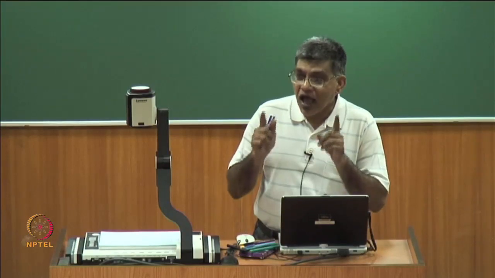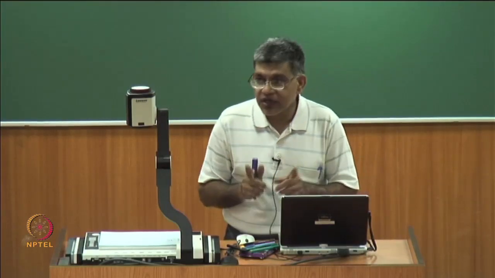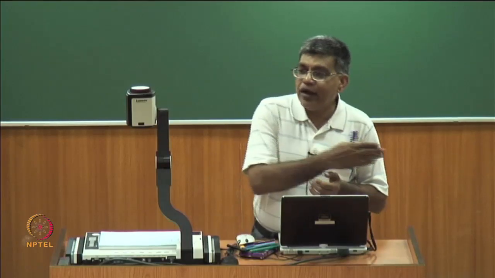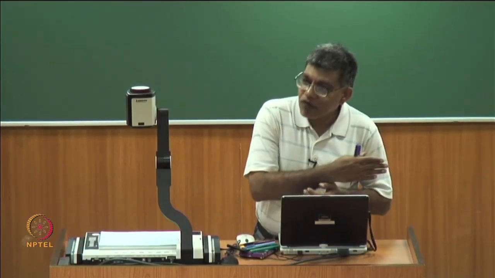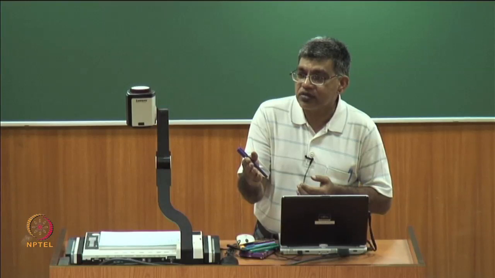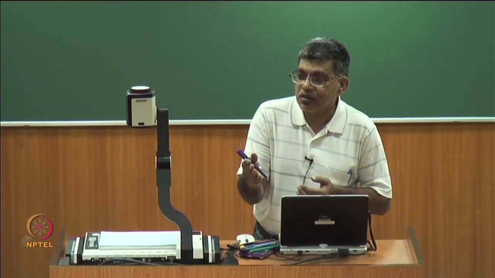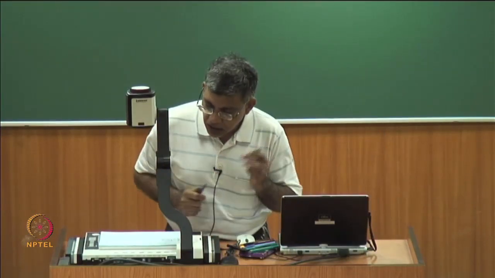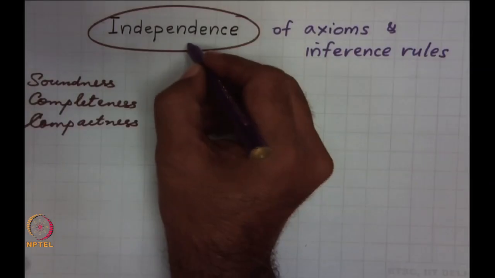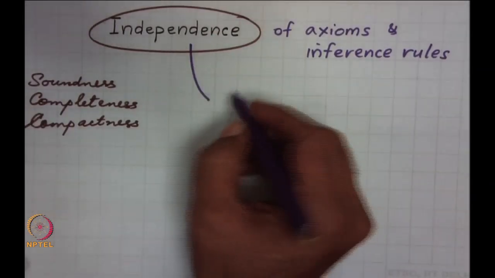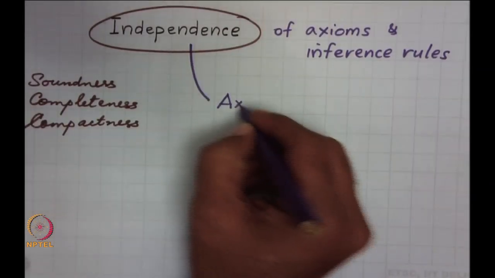I can still have a sound geometrical theory. So, in that sense, the parallel postulate is independent of the other axioms of Euclid, right. And this independence notion also comes up when you do something like axiomatic set theory, right.